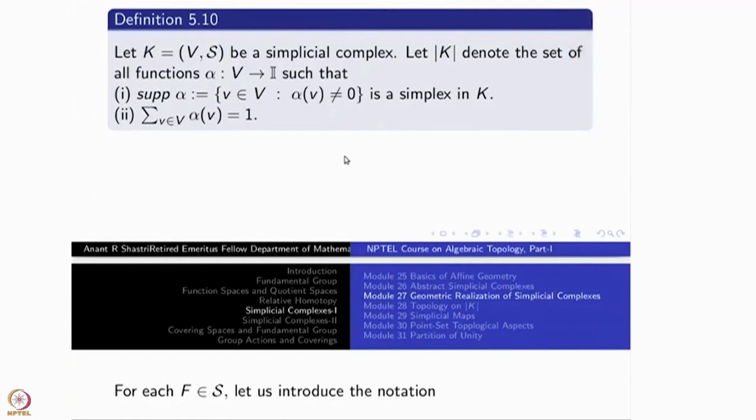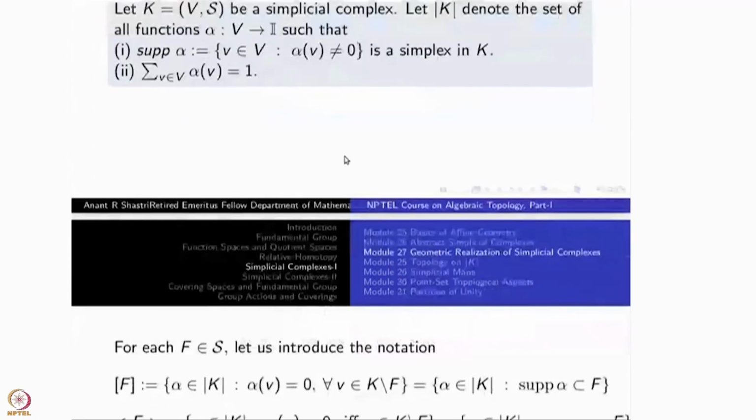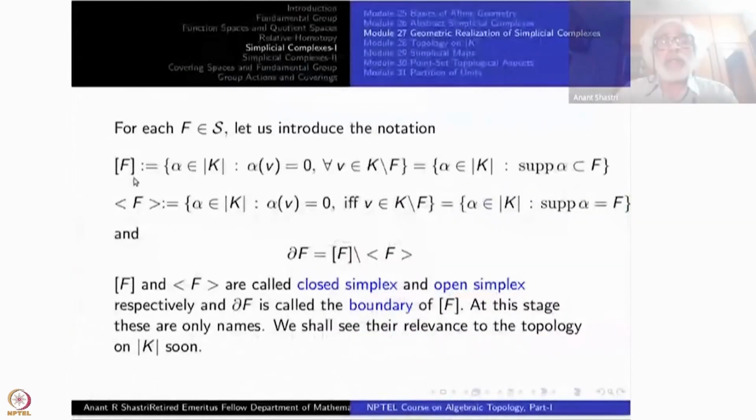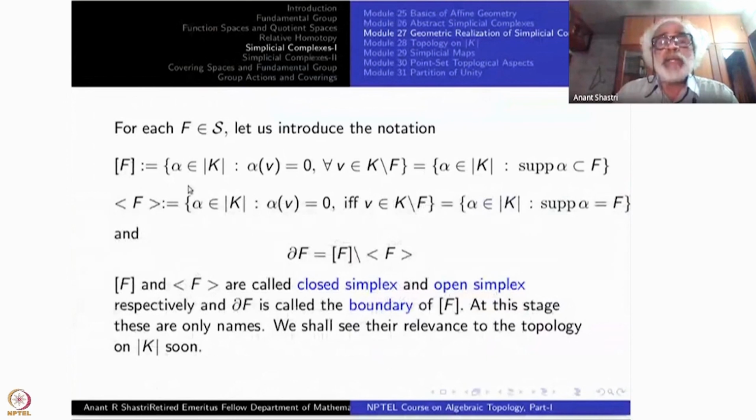After that we introduced two notations for each simplex F. The closed simplex is all alpha for which its support is contained inside F, the same thing as for every v inside K minus F, alpha v is 0.